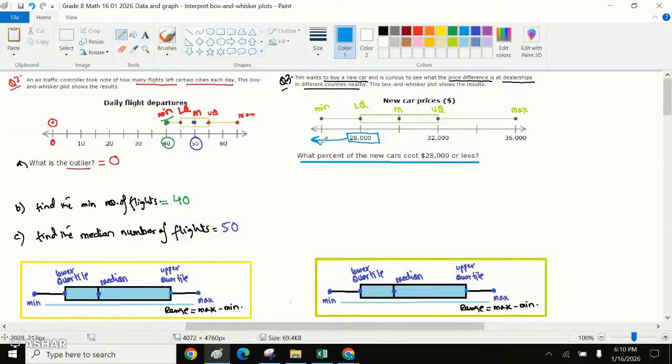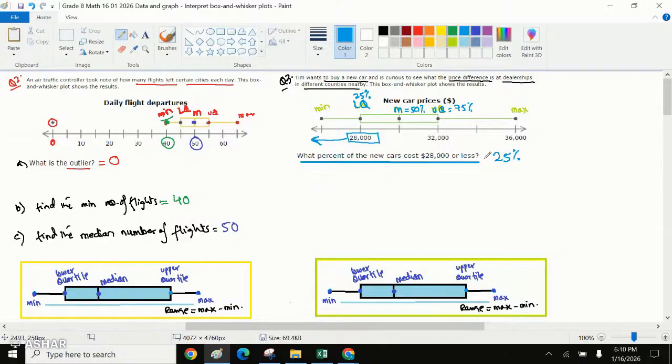That means since 2,800 is the lower quartile, we can say that the lower quartile is 25%, the median was 50%, and the upper quartile was 75%. That means 25% of the cars cost less than 28,000.